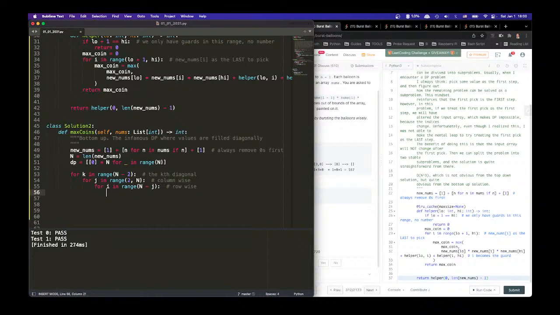Yeah, I feel like I need to run another one. Hold on. Well, this is what I think is happening. I need to run another one. Let's say for L in range, because it's from I to J, right? So it's I plus 1 to J.